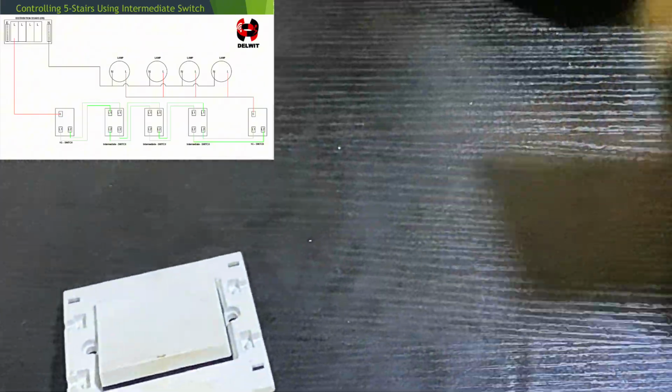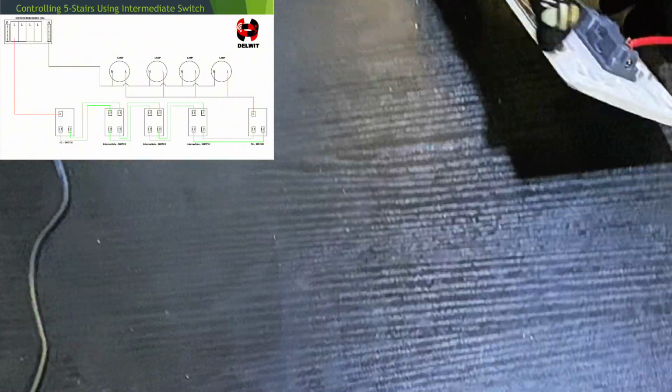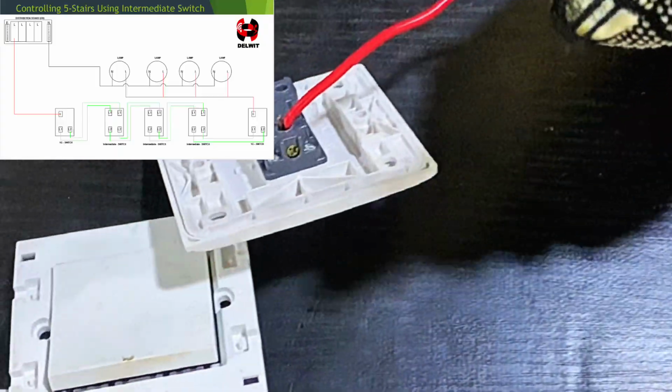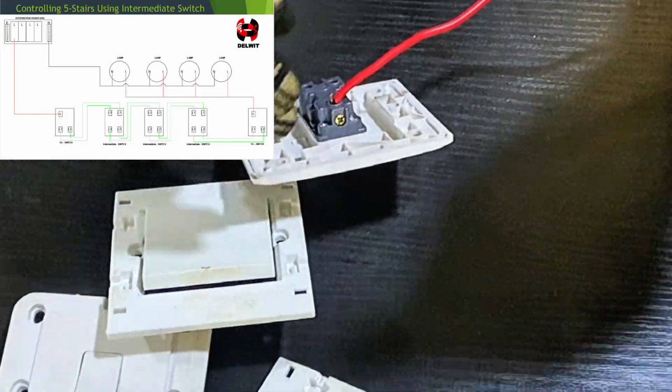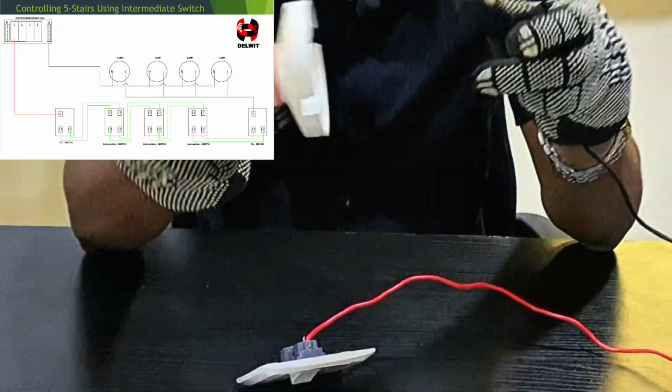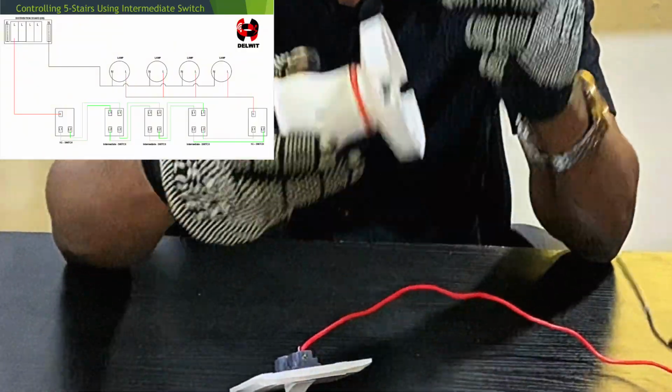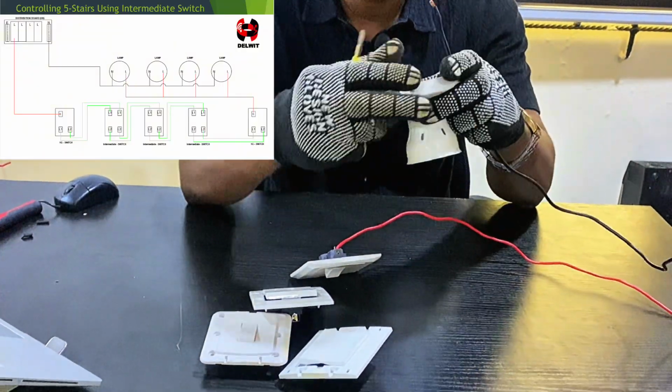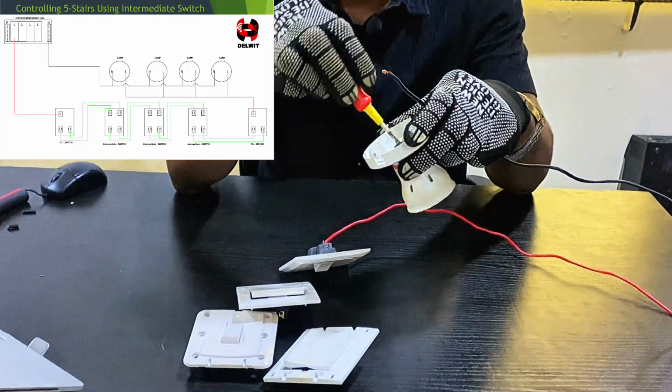Now, you can also see from the circuit diagram that this neutral is connected to the first neutral of the first lamp. Now we're using only one lamp, but you can have as many lamps as possible. So I'm going to connect this neutral to the neutral of this lamp.